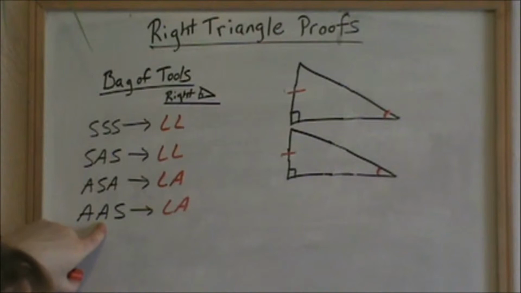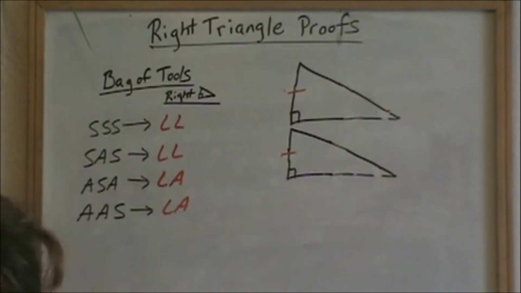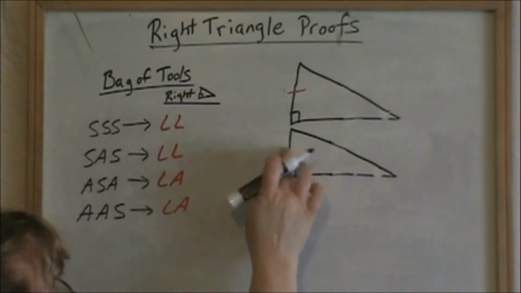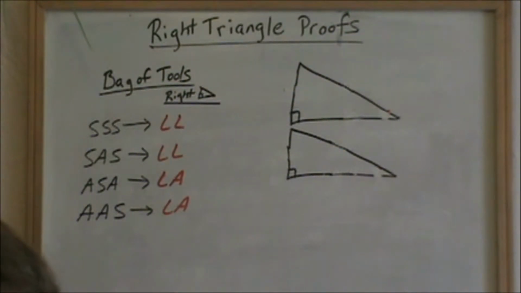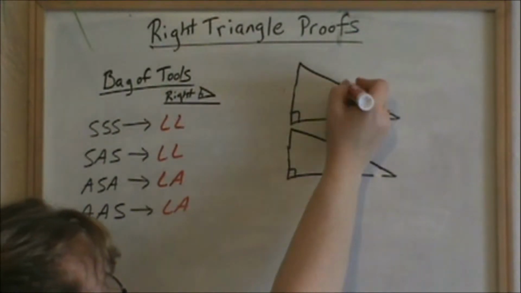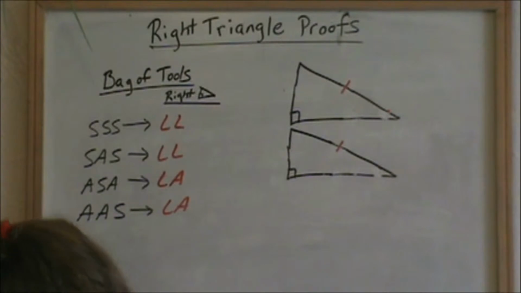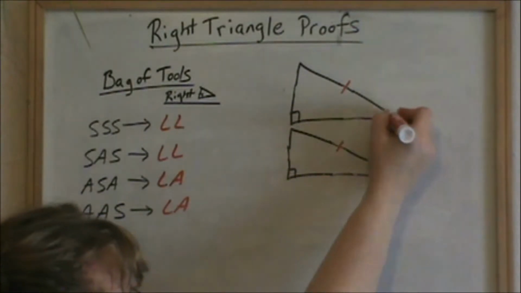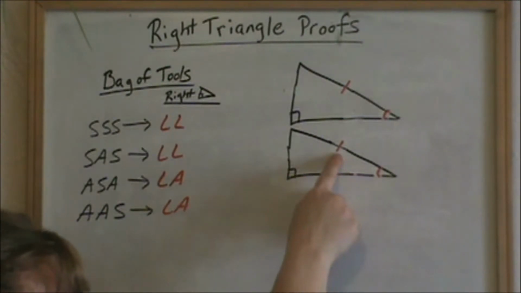Okay, so one other thing we can have is what if we knew the hypotenuse? So I'm going to take that away, change that. If we knew the two hypotenuses were congruent, and then we knew another angle, still going back to this angle right here, that is still the same as angle, angle, side.